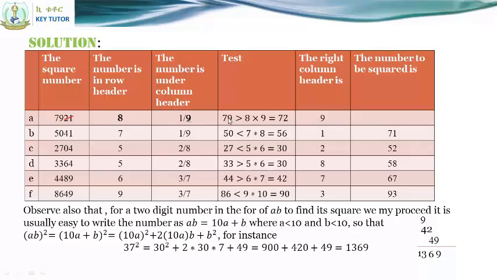If the number, which is 79, found after deletion of 21, is more than 8 times 9, which is the row header times the row header plus 1, that is 72, then 79 obviously is greater than 72, which means as it is greater, you take the larger number 9.